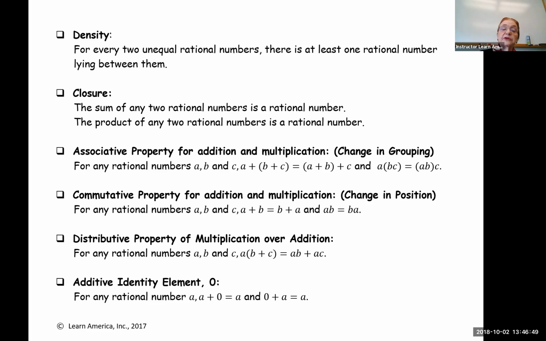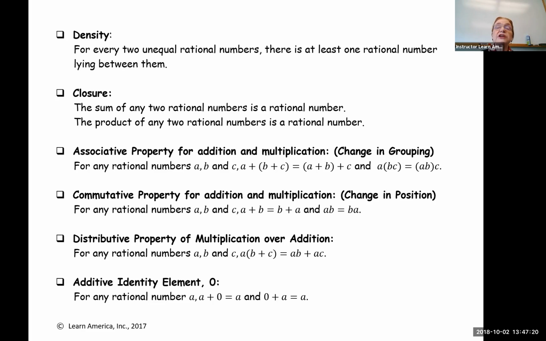So for example, you take any rational numbers, say A, B, and C. If you add A to the sum of B and C, you'll get the same result as if you first add the A and the B and then add the C. So this is the associative property for addition. Now for multiplication, the same thing holds. If you take A and multiply it by B times C, you will get the same result as if you first multiply the A by the B and then multiply by C. So changing the grouping will not change the result.